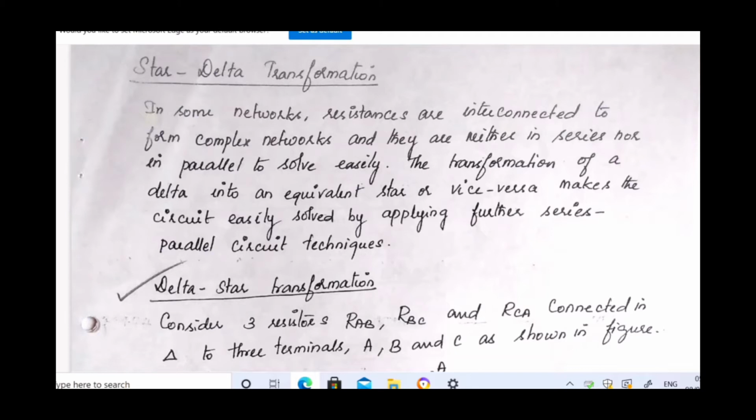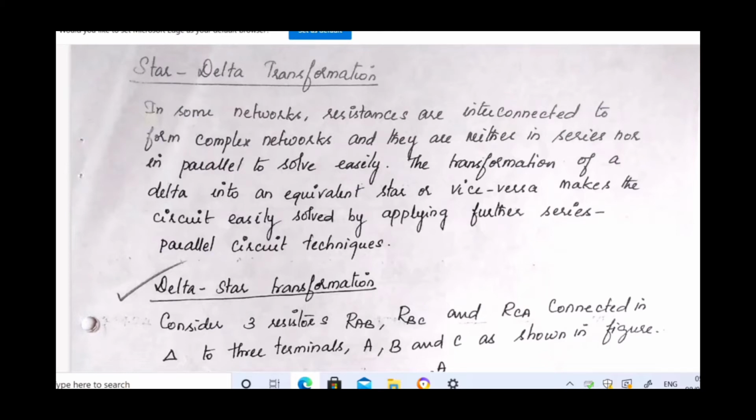In an ordinary circuit, series and parallel combination is easier, but in a complex network we need some transformation methods to make the circuit a simple one and then apply the same series-parallel techniques to simplify it.